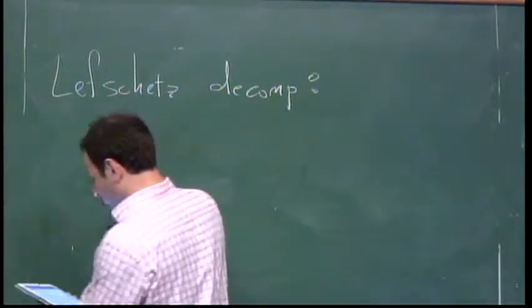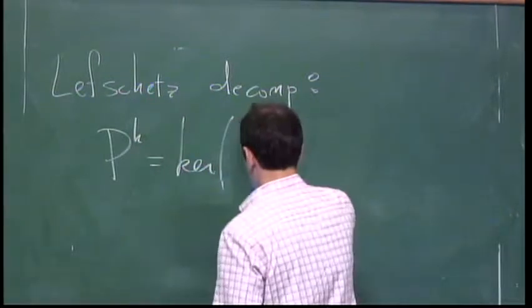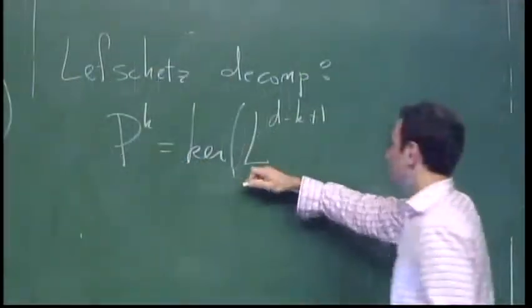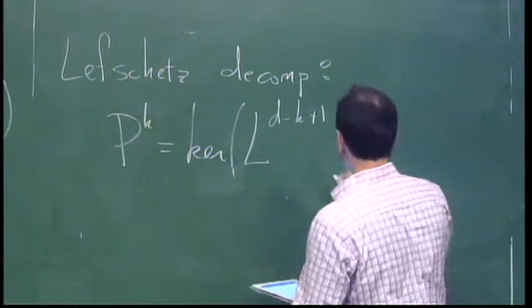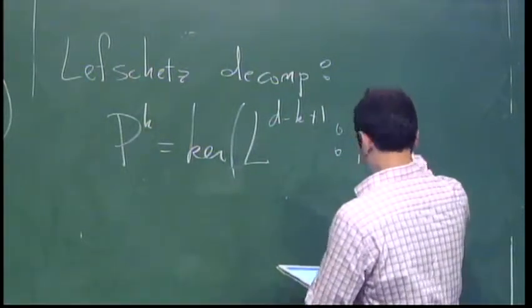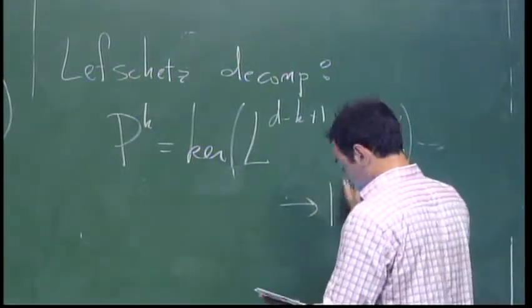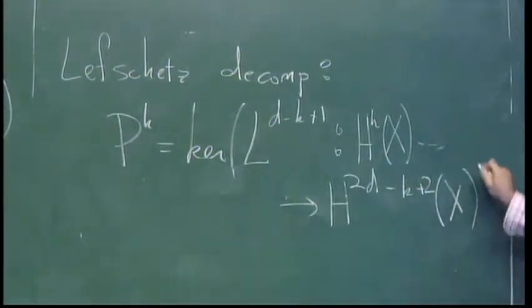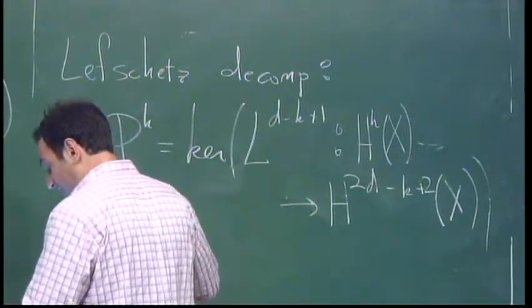I can define the primitive cohomology to be the kernel of multiplication by the Lefschetz operator, where I apply it one more time than is used in hard Lefschetz. And then you get a decomposition as follows, and I'll tell you how I think about it in a sec.